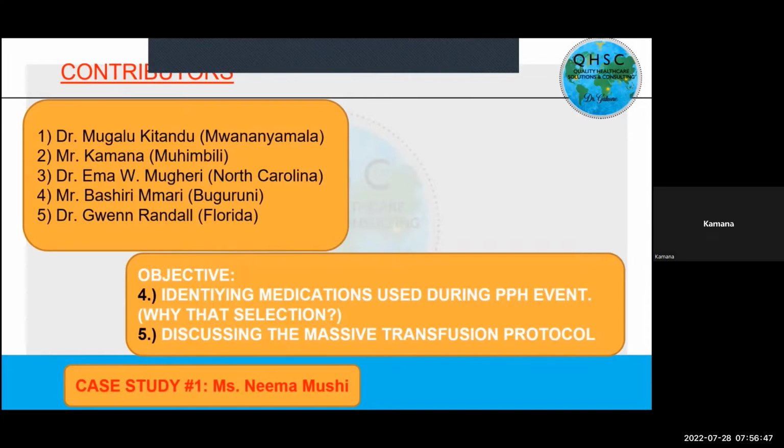Misoprostol is another medication that we always use, and tranexamic acid for coagulation. Also, we have plasma expanders, these fluids, Ringer's lactate and normal saline. Blood we always use for the management of PPH. So it's not different from what Mwananyamala does.